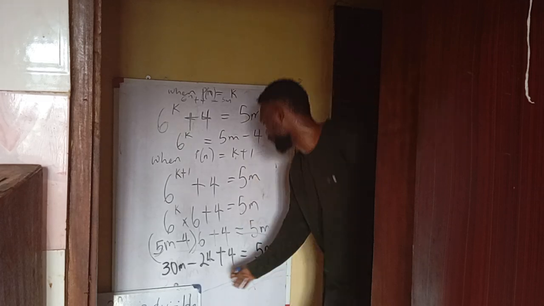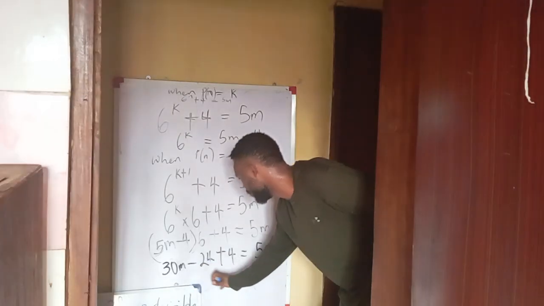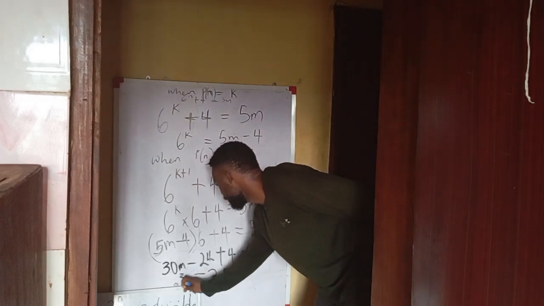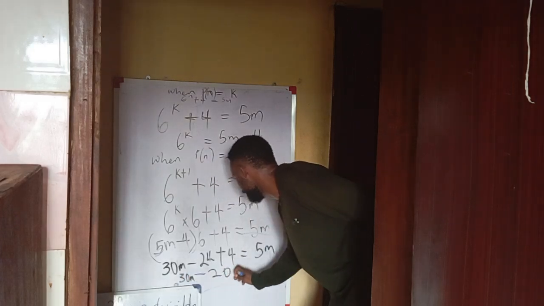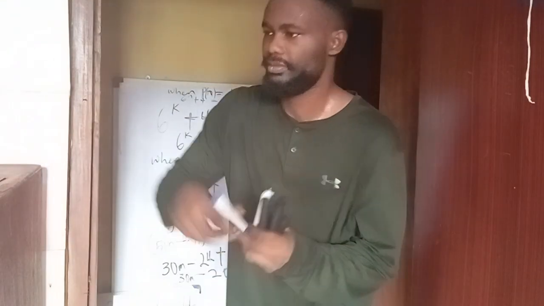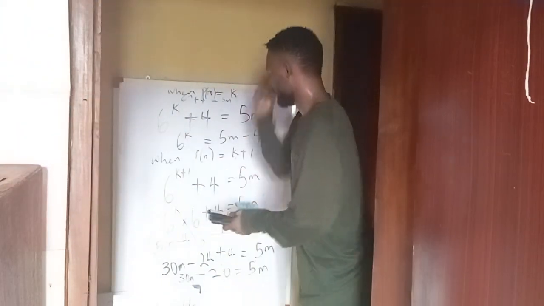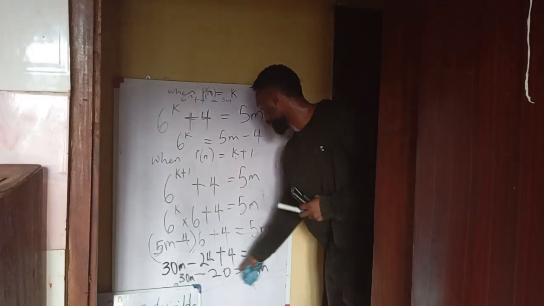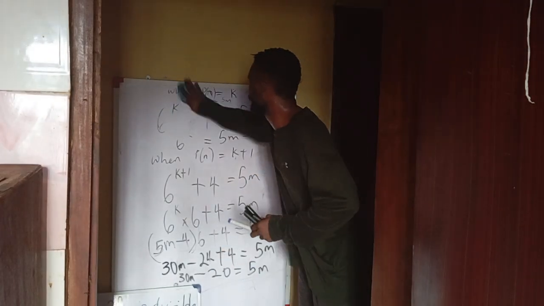So you can see that minus 24 plus 4 is minus 20. So 30m minus 20 equals 5m.